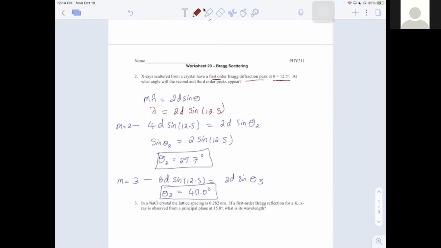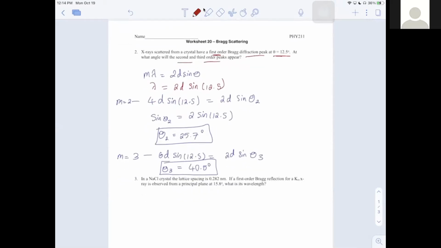And we were asked to find the second and third peaks. But we didn't have the wavelength, we didn't have the distance. So we had to use a system of equations to plug in lambda. Once we did that, the d's canceled out, and we solved for both the other angles, and we just changed the m's.